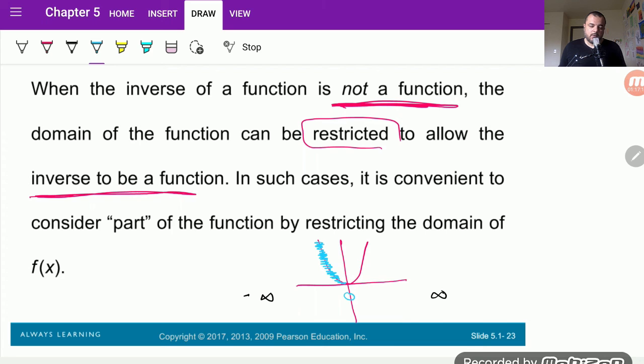If you look at now the right hand side of the function, it is one-to-one, without the left hand side of the function. Or you can take the left hand side of the function from negative infinity to 0. So sometimes in some applications we need to restrict the domain. Restricting the domain helps you to create or to find an inverse function of the function.